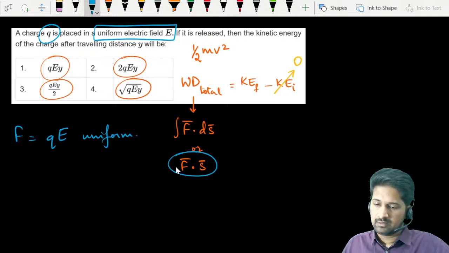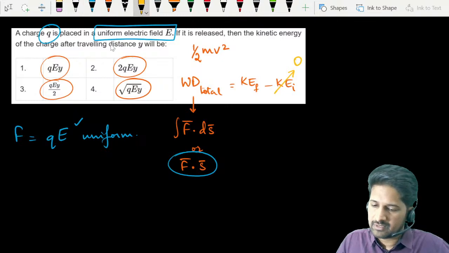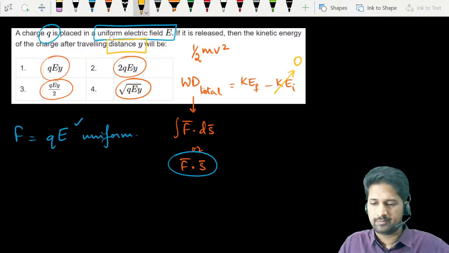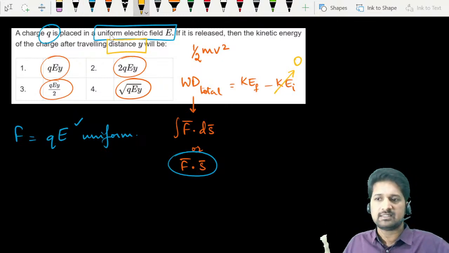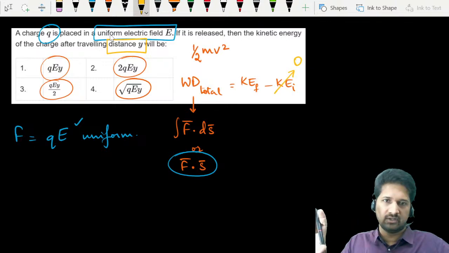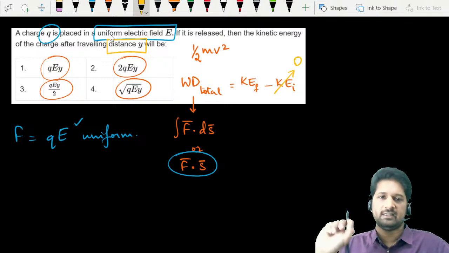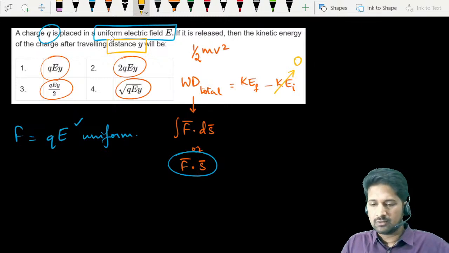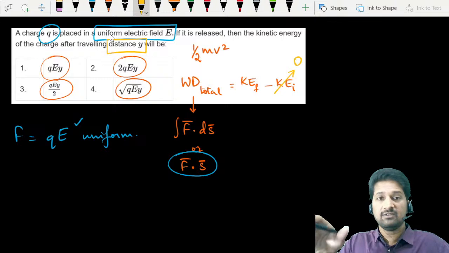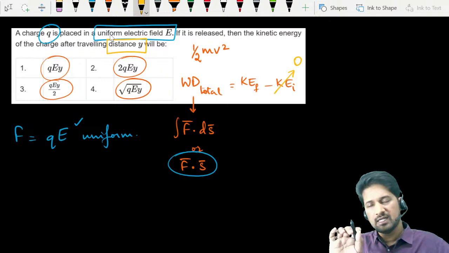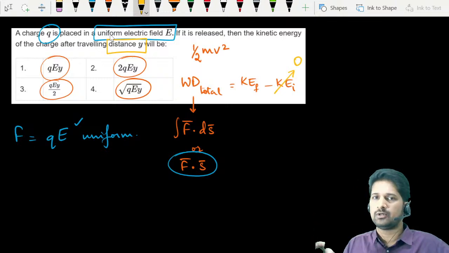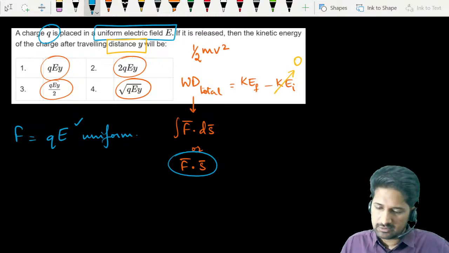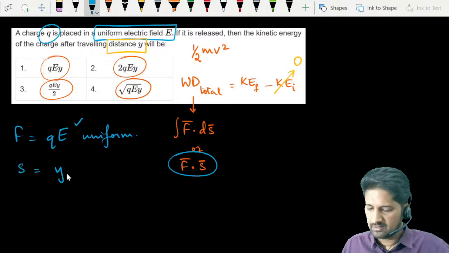We know the magnitude of the force, and they have given in the question that it travels a distance y. If an object starts from rest and experiences constant force, it will move in a straight line, so distance and displacement will be the same. Therefore the displacement here is equal to y.